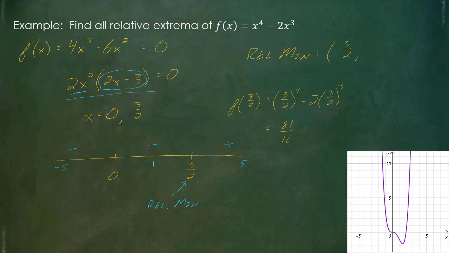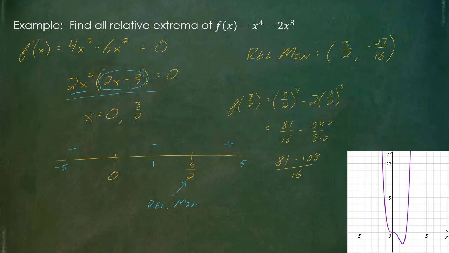This would turn into 81 over 16, take away 3 cubed is 27, doubled is 54, over 2 cubed, which is 8, so it looks like I just have to double both of those numbers, so that would be 81, take away 108 over 16, which would turn into 27/16, but negative, so negative 27/16 would be our y-coordinate.